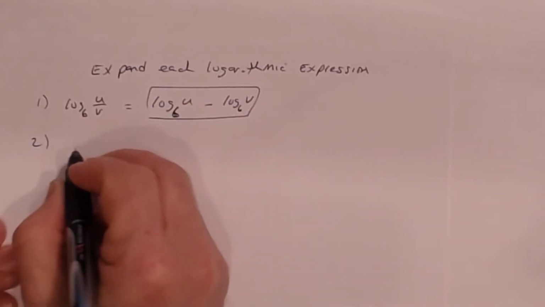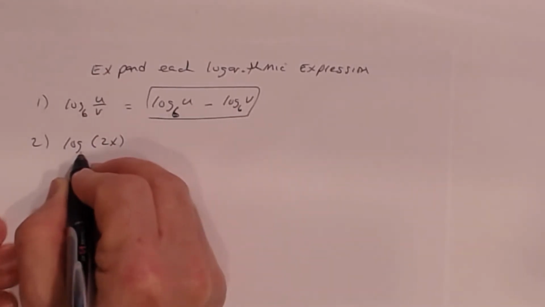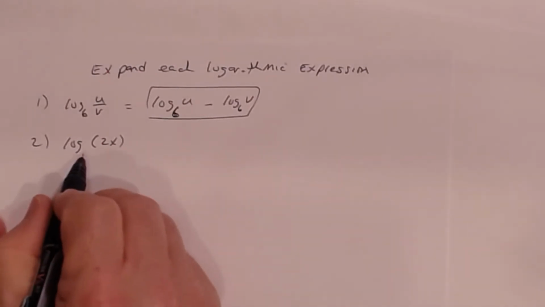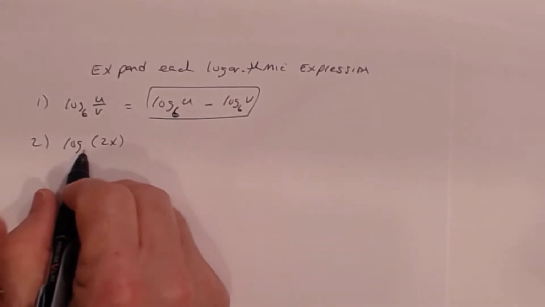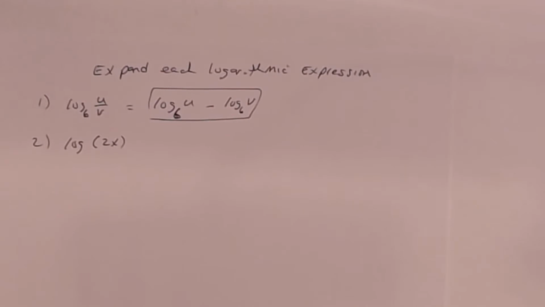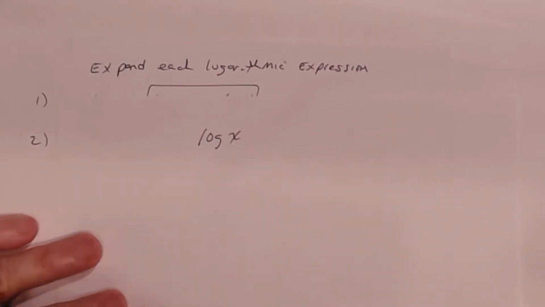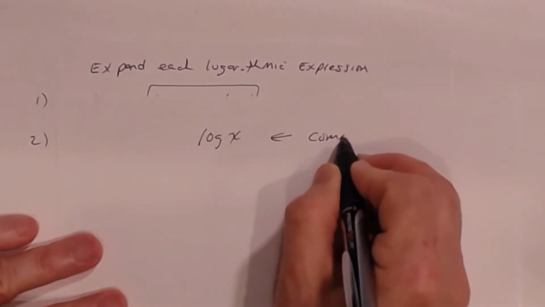Number 2, we have the log of 2x, and notice I'm not putting a base here, but you've got to remember that if you don't see a base, it's understood to be base 10. When you're dealing with the log of x and there's no base listed, that is your common logarithm.